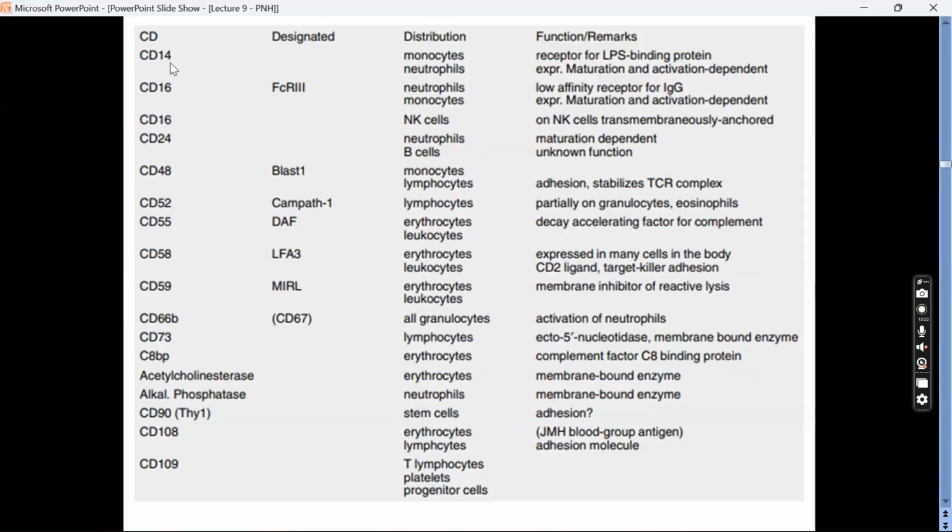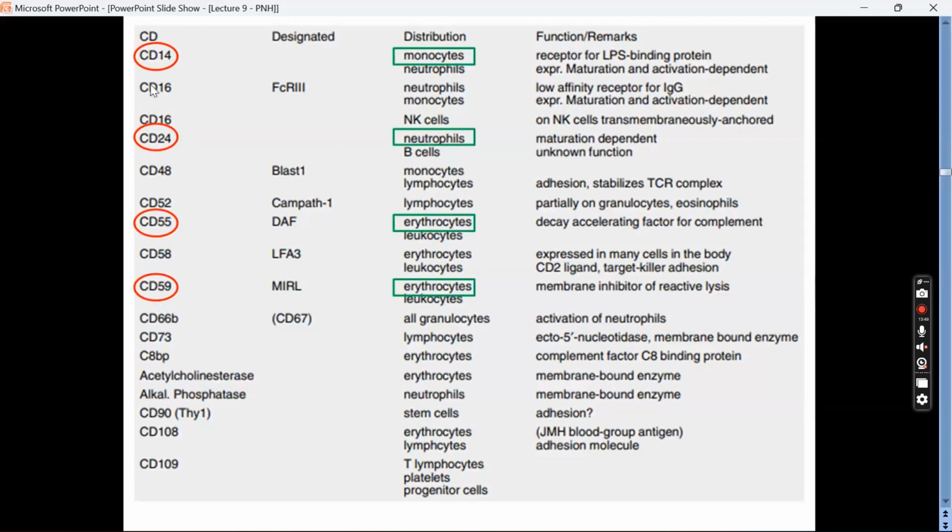We may not be exploring all the GPI linked proteins for flow cytometric diagnosis. We'll be selecting only specific ones. So for monocytes, we'll be using CD14. For neutrophils, we'll be using CD24. For RBCs, we use CD55 and CD59.